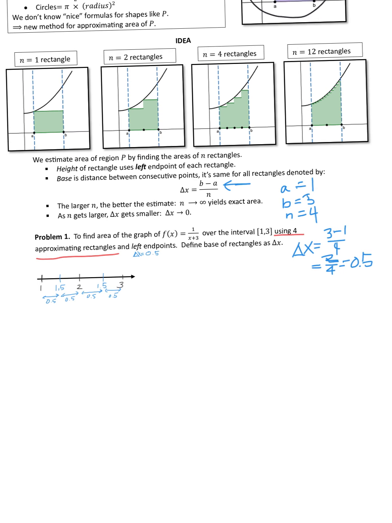According to the instructions, we are being asked to use the left endpoints of our interval. So let me single out these left endpoints. If I look at each of the bases, those are the points being highlighted right there: the 1, the 1.5, the 2, and the 2.5.